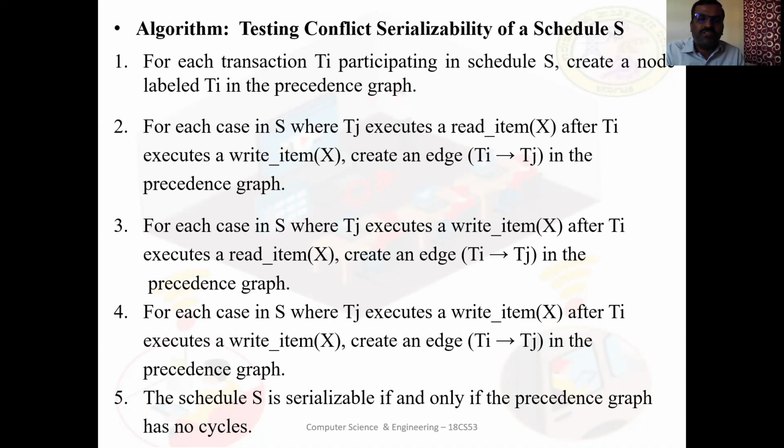For each case in S where Tj executes a read_item(X), Tj executes a read operation on item X only after Ti executes a write operation on item X, then create an edge from Ti to Tj.